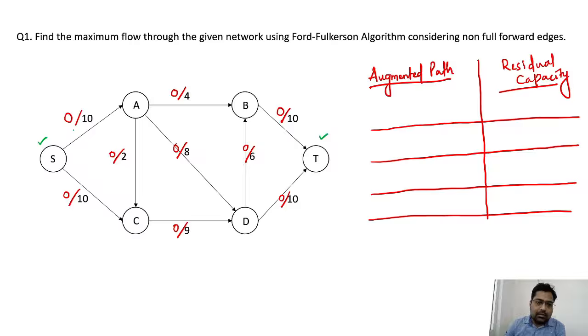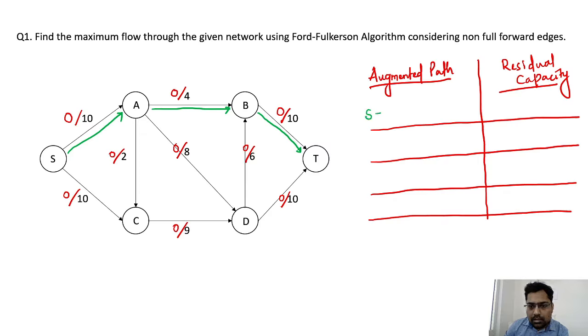Just remember the minimum capacity, which is 4, will be selected, because the residual capacity becomes 0. For each augmented path we find, the residual capacity of some edge on the path will be 0. You can check here, I'm putting it in green. I'll start finding the flow here. Out of these, whichever minimum residual capacity we find, we select that one.